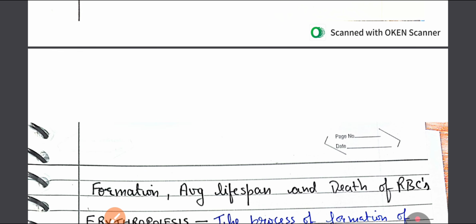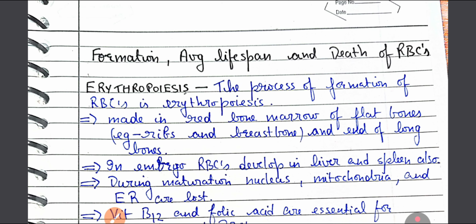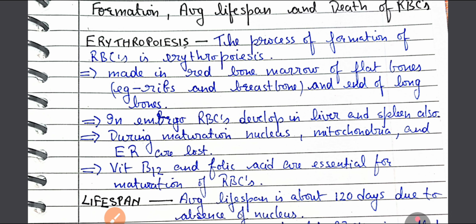Understood this much? Now, formation, average lifespan, and death of RBCs. What is erythropoiesis? The process of formation of RBCs is erythropoiesis, made in the red bone marrow of flat bones, for example ribs and breastbone, and the ends of long bones.